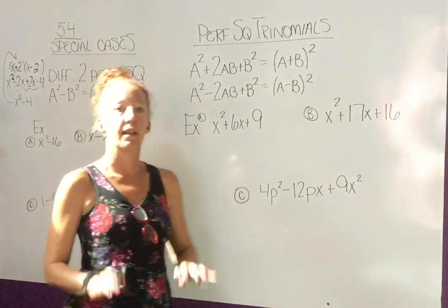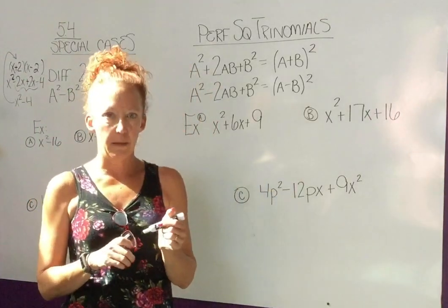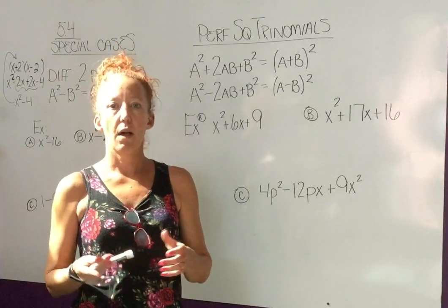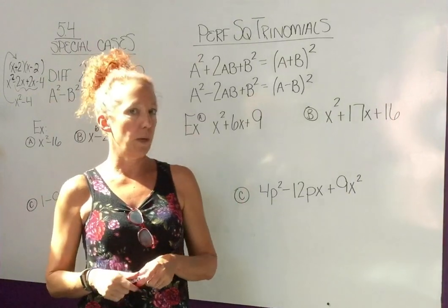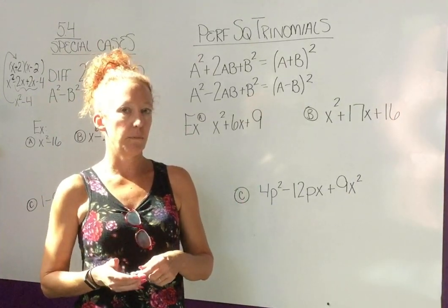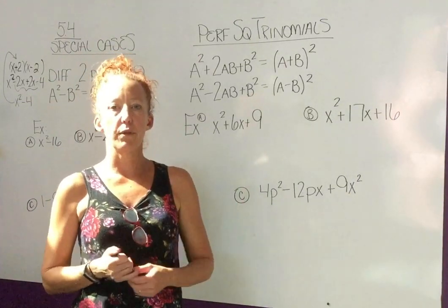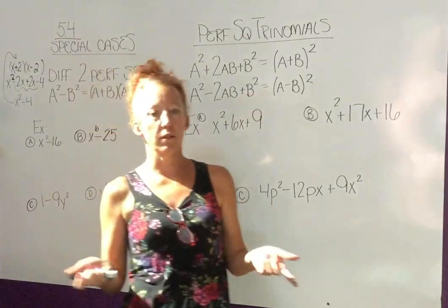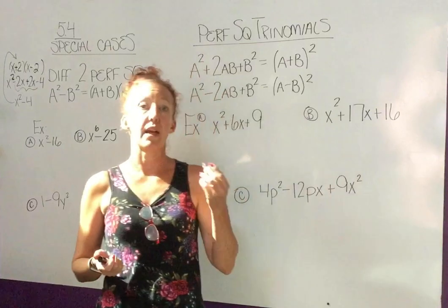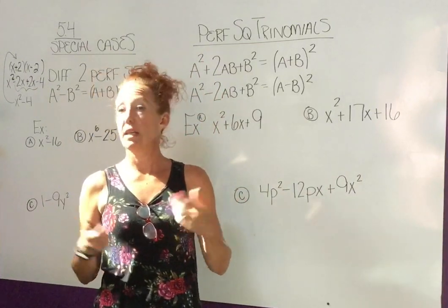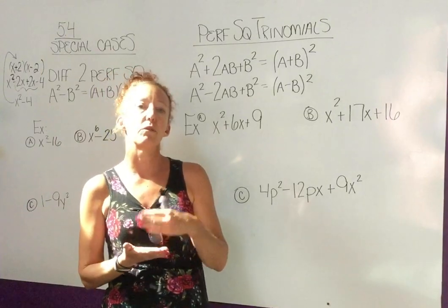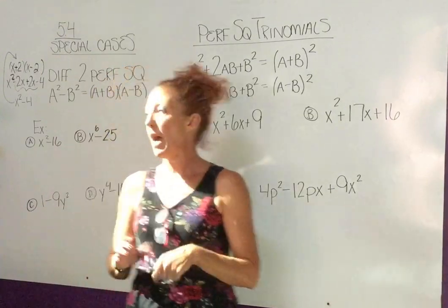Side comment, I would highly recommend that you know your perfect squares through 12 times 12 is 144. If you know all the way through 20 times 20 is 400, obviously you can still use your technology, but that number recognition is going to be critical, and it becomes a lot easier when you recognize those number patterns.